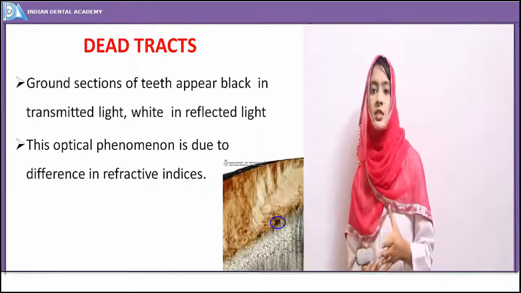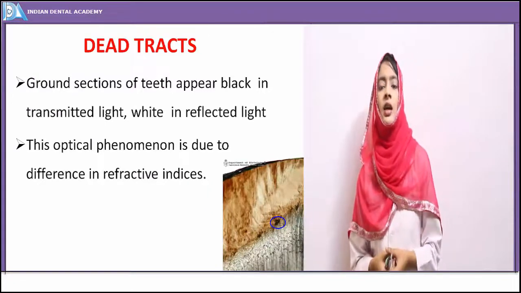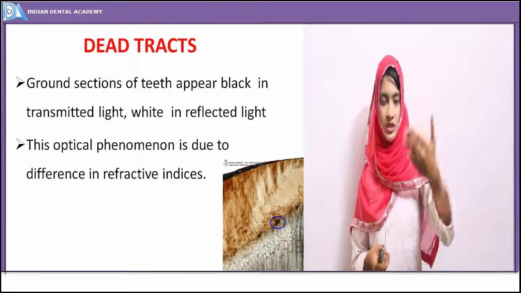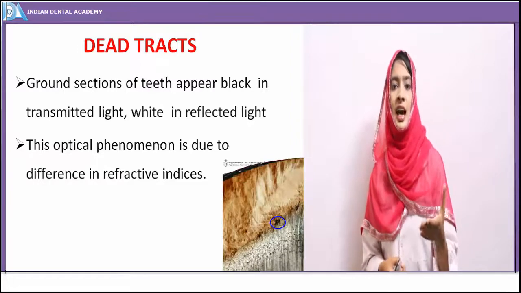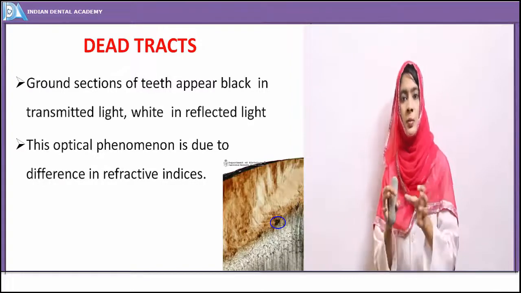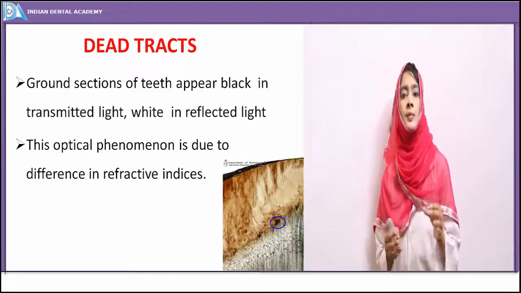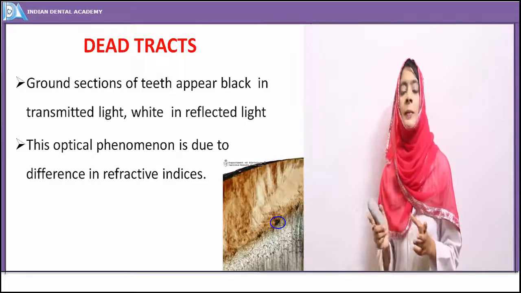So that's with dentinal sclerosis. Dead tracts are seen whenever we take a ground section of teeth and examine it in transmitted light. This zone appears black, just the deposition of dentinal tubules, black in transmitted light and white in reflected light.